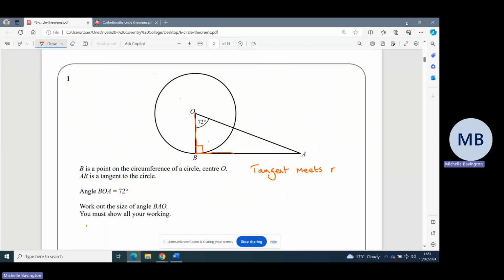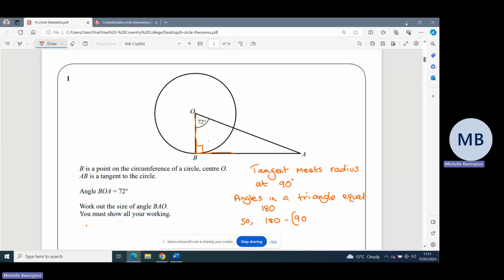Okay, so again, angles in a triangle, I'm putting my reasons down, equal 180.